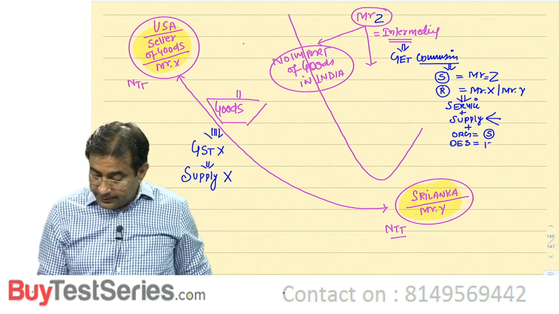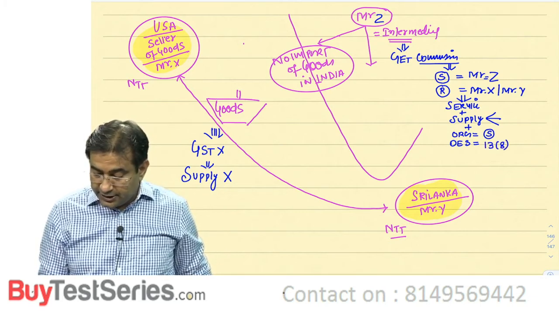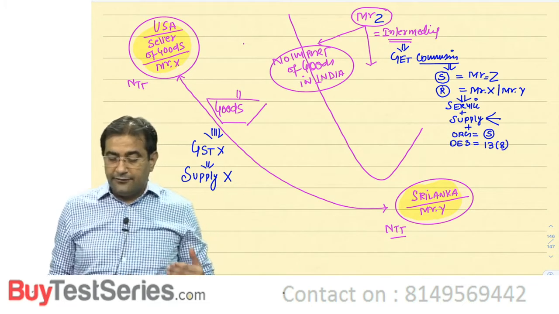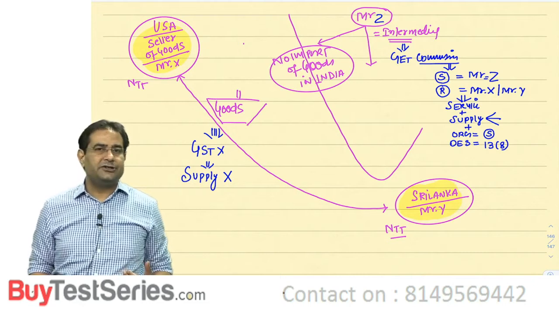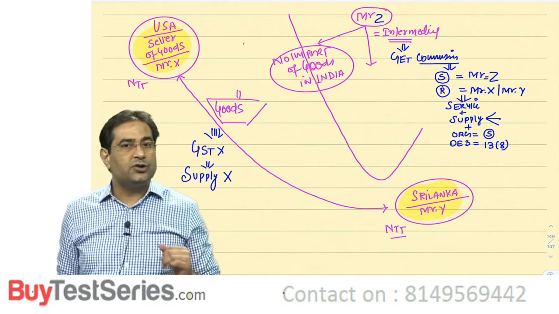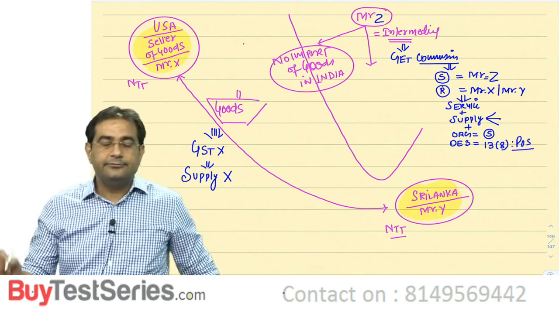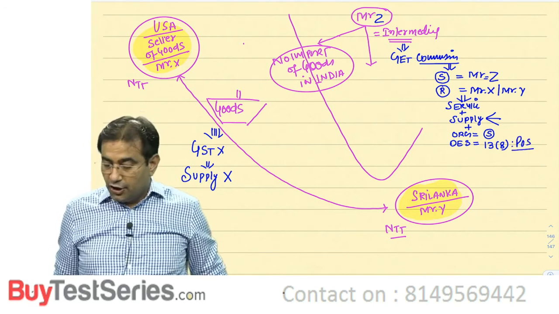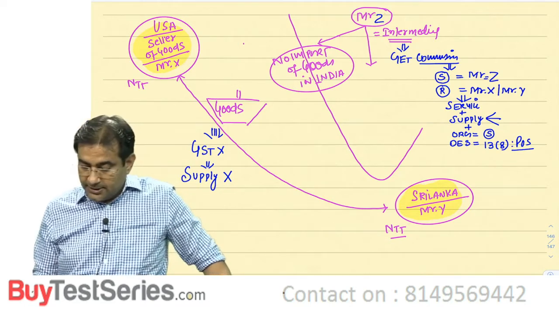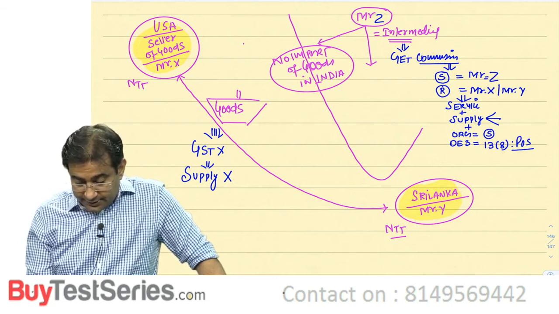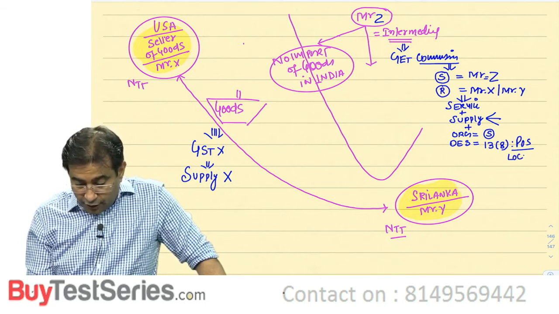And as per section 13, subsection 8, what will be the provision thereof? Here, for intermediary, it is specially stated that the place of supply of such kind of services would be the location of the supplier. The most important thing would be the location of the supplier.